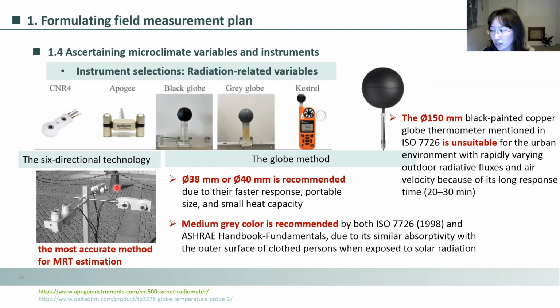However, it needs 3 pairs of pyrgeometers and pyranometers. That means the method would be very expensive, and if the budget allows, I will recommend this method. Alternatively, you can use the globe temperature to estimate Tmrt. From the literature review, we find that a medium gray color globe with a 38 to 40 millimeter diameter is recommended, like this.